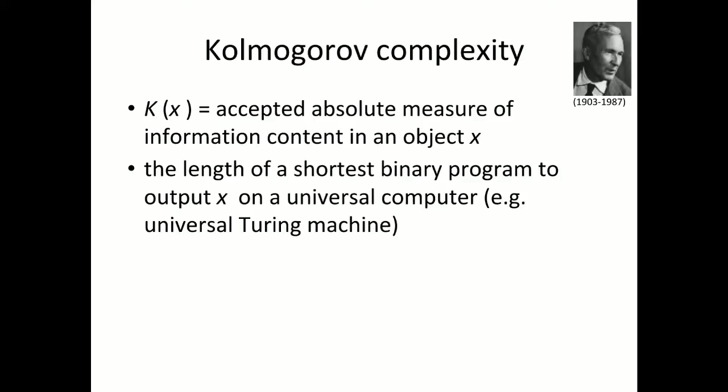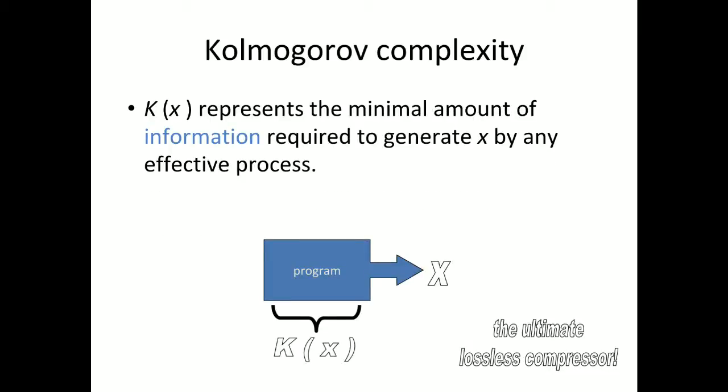So, on a universal computer or on a universal Turing machine. It's kind of a funky definition, but it's also very simple. Unfortunately, Kolmogorov complexity is not computable because we can never find the shortest computer program on a universal Turing machine to output a given string x. But nonetheless, that's how it's defined, and in terms of information, it can be thought of as the ultimate lossless compressor.